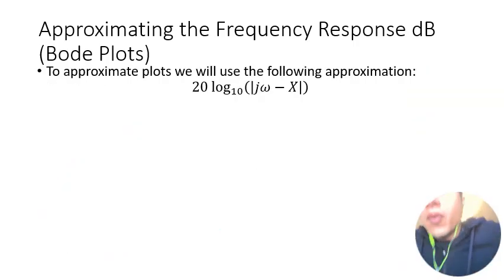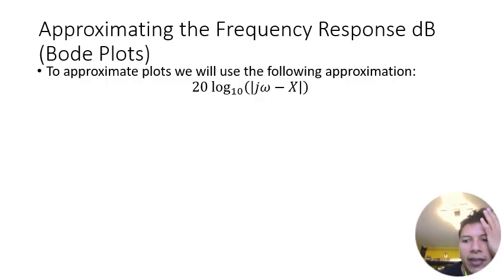Okay, so our goal, like I said earlier in this class, is to learn how to plot these frequency response plots. That's really the aptitude that you need to get out of this. There are two aptitudes. You need to know how to use these plots to determine the steady state, which is very simple: you just evaluate them at the value of omega of the input.